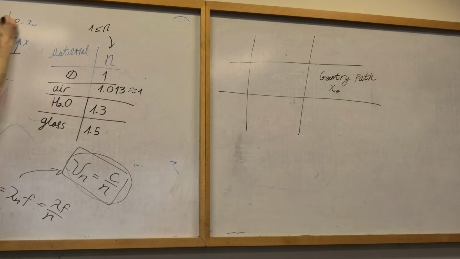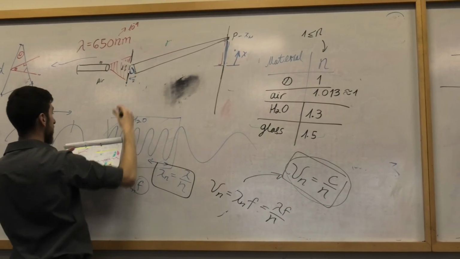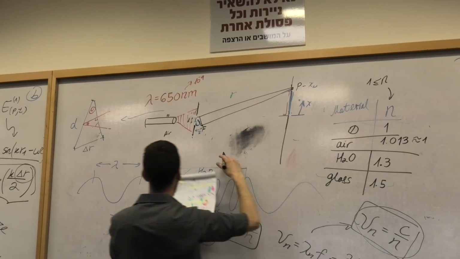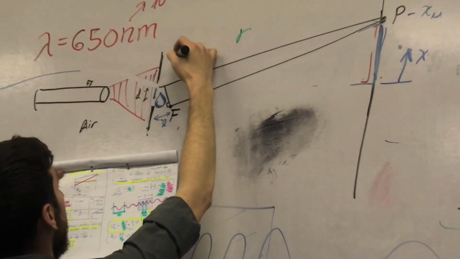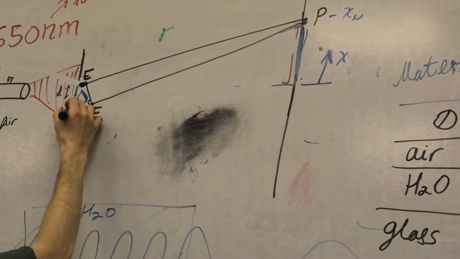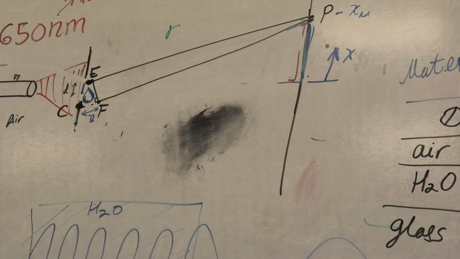So we have this point, and this point, and this 90 degrees, right? So this gonna be called F, this location. This already have P, that's gonna be E, this location here, and that location where the second slit is, we're gonna call it C, right?